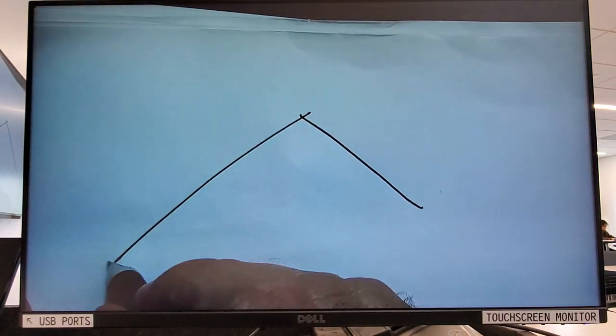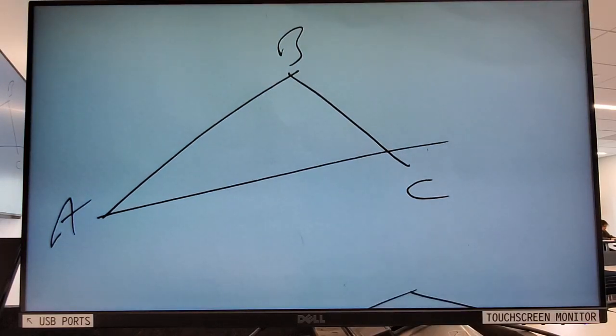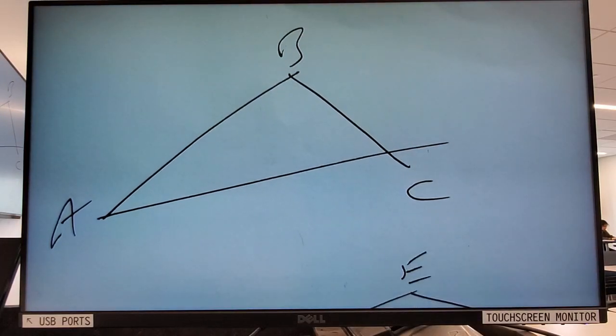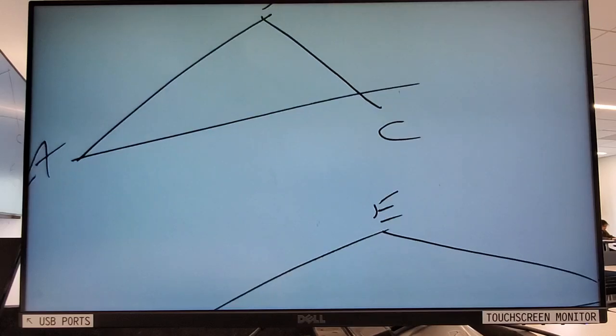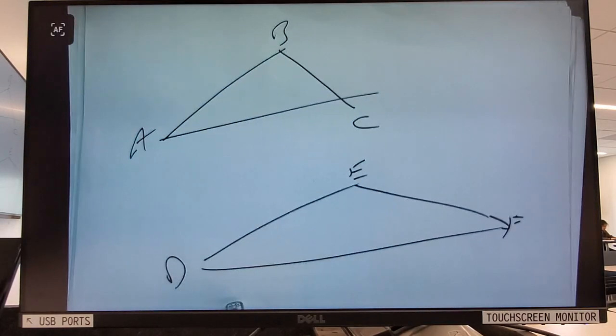If I have 4 pairs of congruent things, so I have these 2 triangles, A, B, C, D, E, F. Do you all agree that I can't have, so guys, come back to me. Hello, everybody.